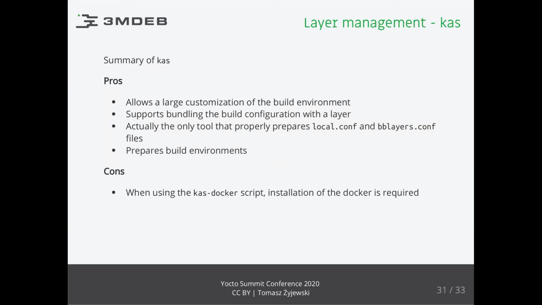Actually, it is the only tool that properly prepares local.conf and bblayers.conf files, and it prepares build environments, thanks to which, using one command, we can immediately build a recipe using Bitbake. On the con side, we can say that when using the kas-docker script, installation of Docker is required. But of course, we can use Kas as a Python script, but this container is one of Kas's biggest advantages.